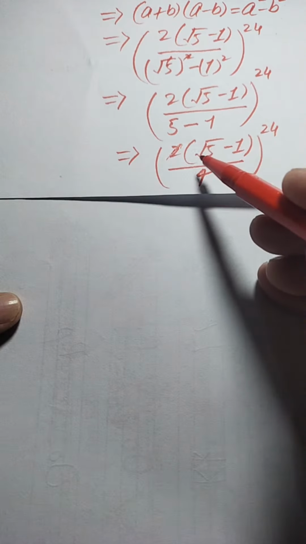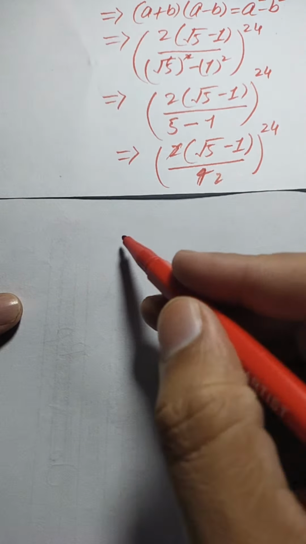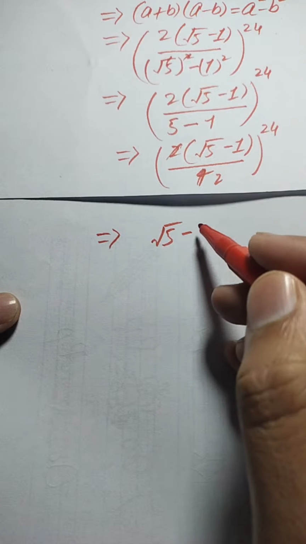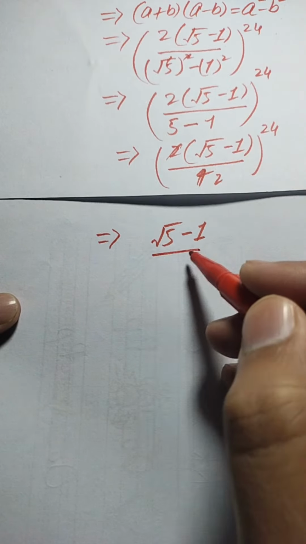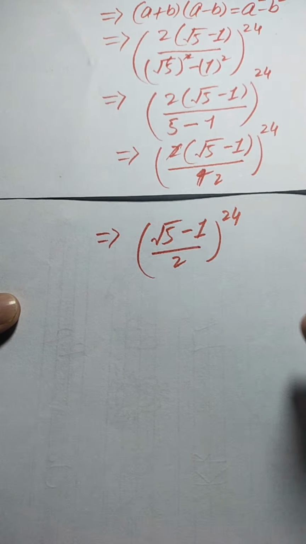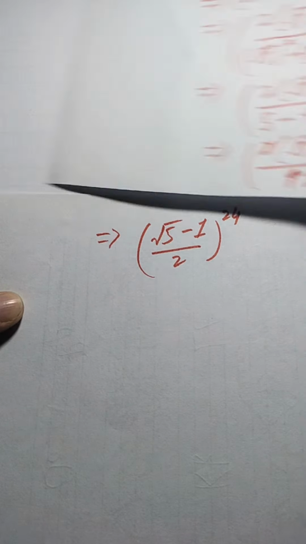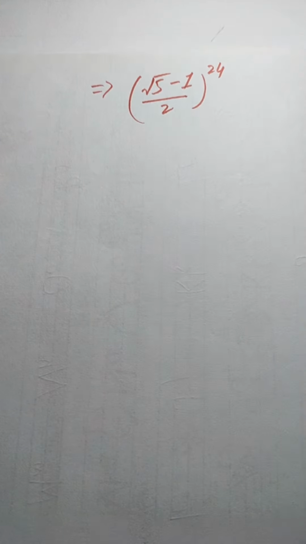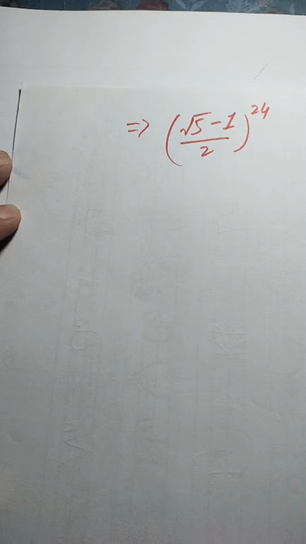You see 2 times 2 becomes 4, and we will get the square root of 5 minus 1 divided by 2, and its whole exponent is 24. So here we need more simplifications, and it will be written in this form.